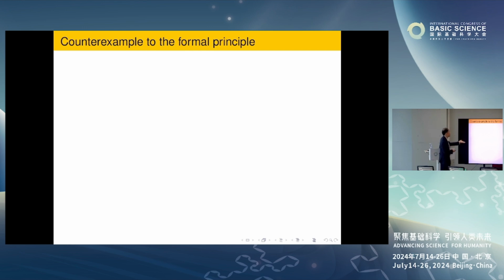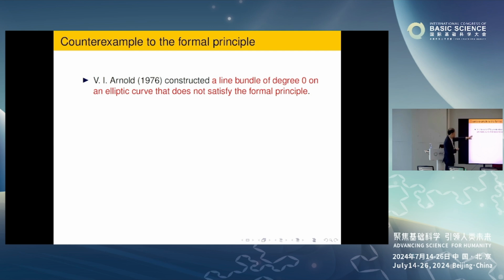Now, the reason we define this formal principle is because it's not always true. There is a counterexample, constructed by Arnold. This is a line bundle of degree 0 on an elliptic curve that does not satisfy the formal principle. As far as I know, up to now, this is essentially the only counterexample.